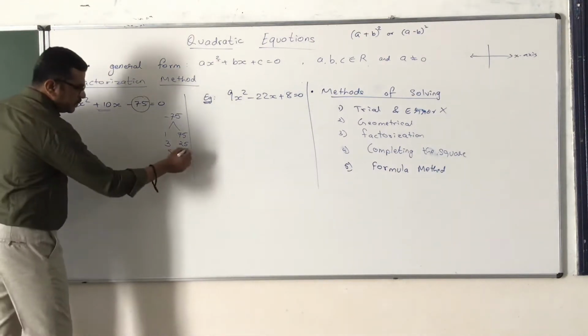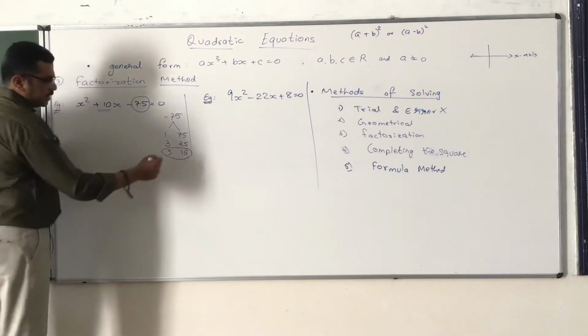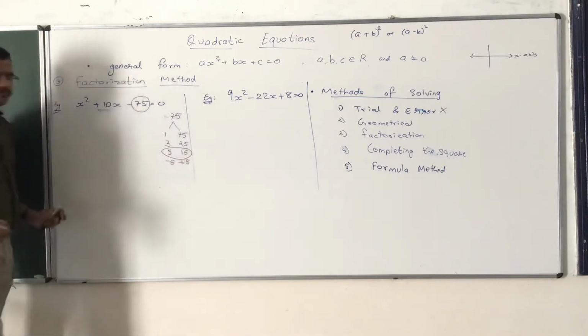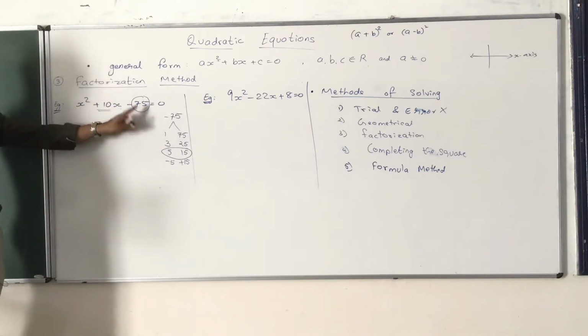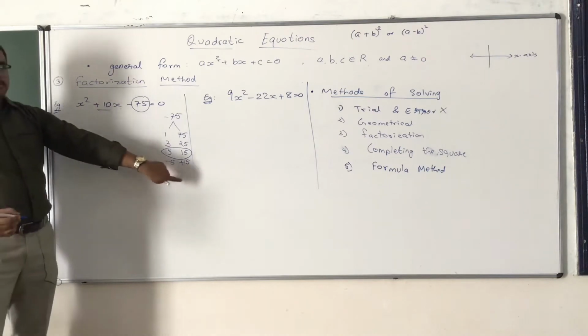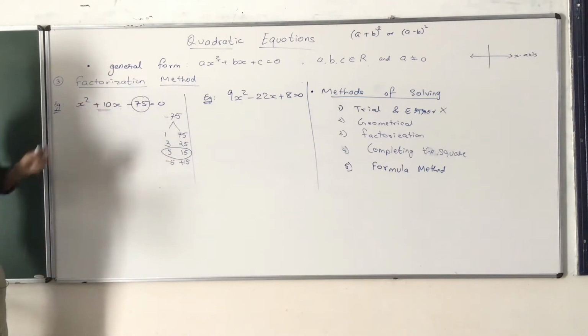So if we consider negative 5 and positive 15, the product gives the constant term and the sum of these two numbers gives the coefficient of x.